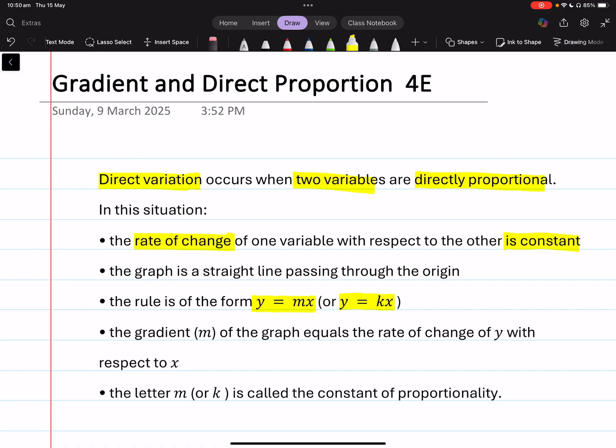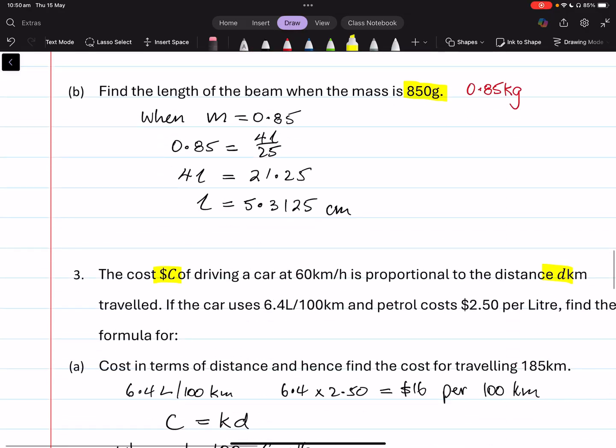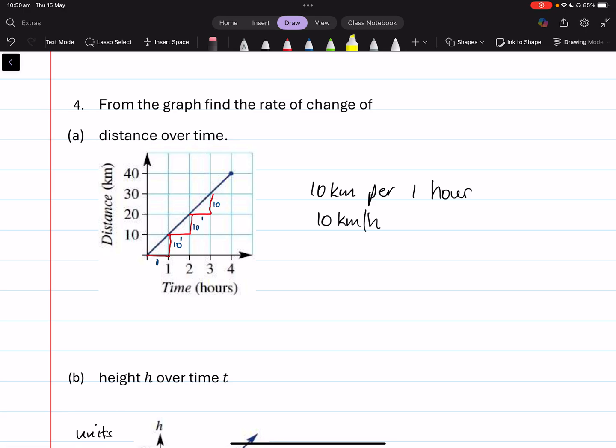Let's just go back to the dot point before. The gradient of the graph is equal to the rate of change. So if I just go back down to this graph where we were studying the increase here, notice that this is the gradient of the line. Remember, gradient is equal to the rise divided by the run.